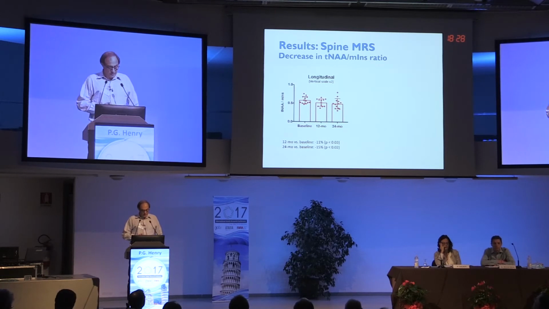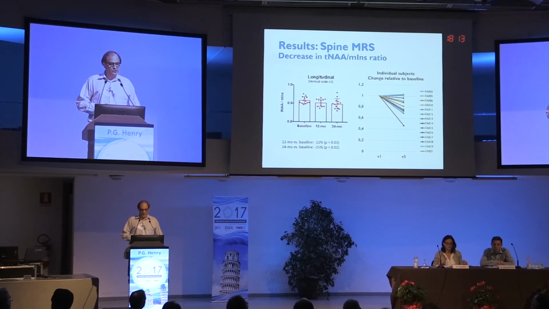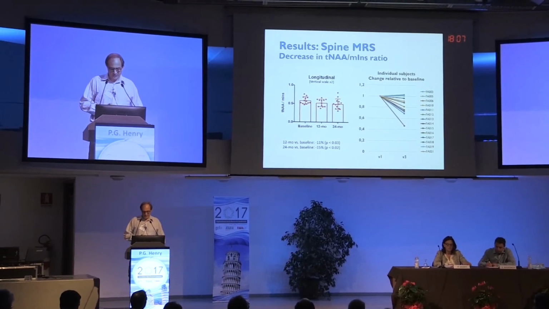Now, in longitudinal data, we also observe a decrease over time of the ratio NAA over myo-inositol, which reaches 15% over 24 months. And these are the changes of individual subjects relative to baseline over 24 months, and almost all of them decrease over 24 months.